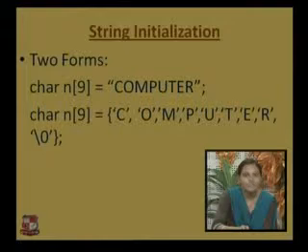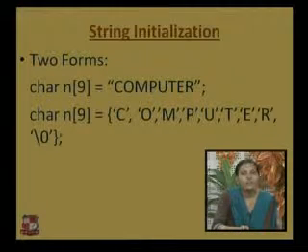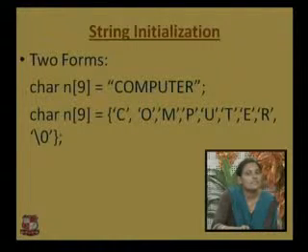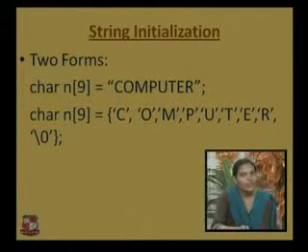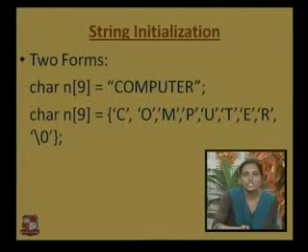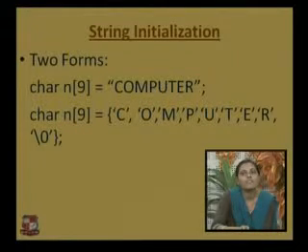According to that, I first said in the slide, what is the character array? This is the character array, here is the string name, and this is the value of the string. What is the declaration and what is the initialization? Initialization means we are assigning some value to that particular variable.